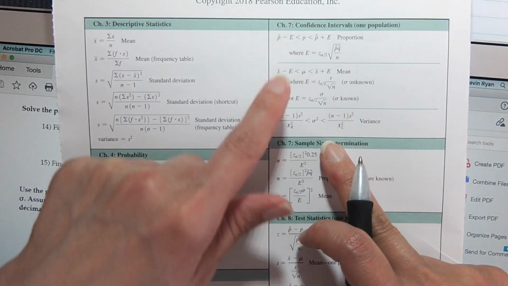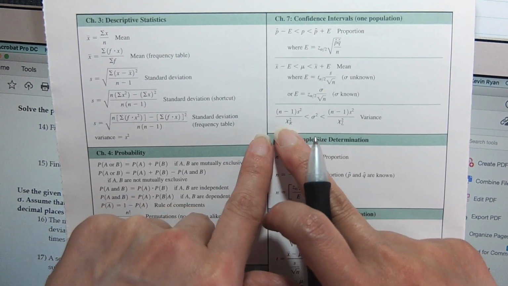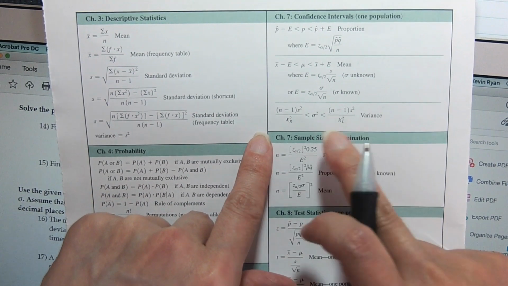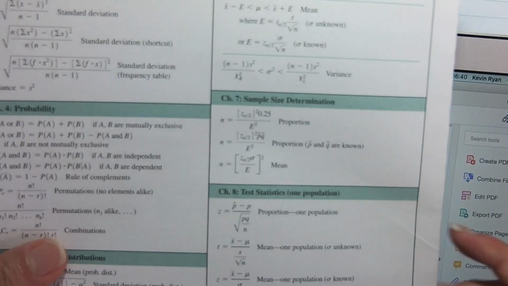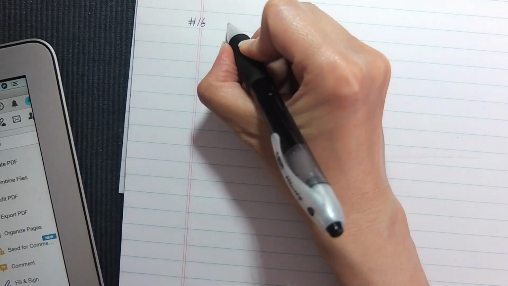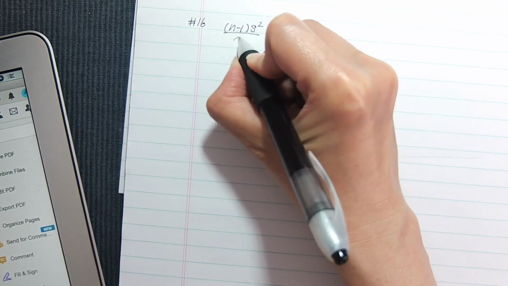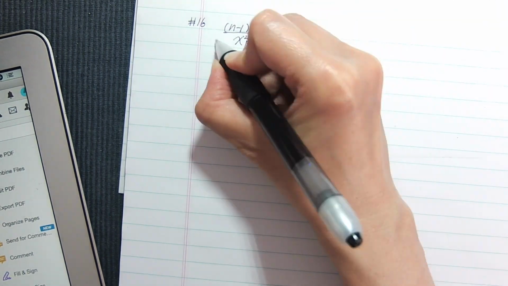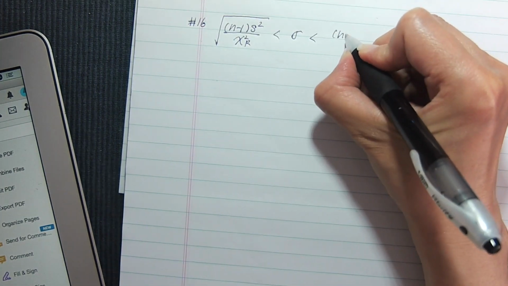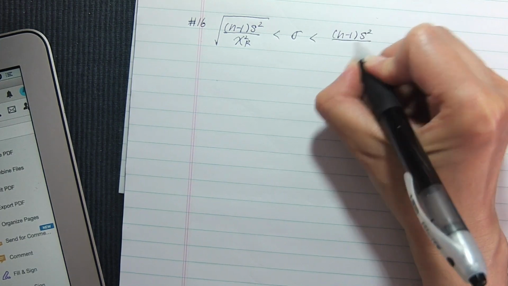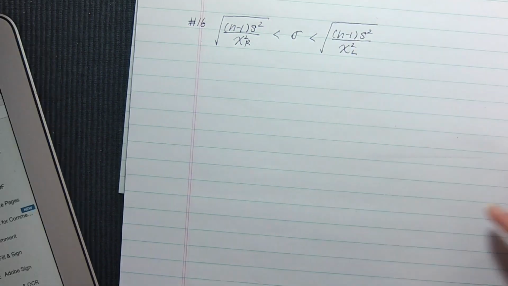It's a confidence interval for the standard deviation. I'm going to copy the chi-square formula for variance; if you put the square root, it becomes the standard deviation. So the formula is n minus 1 times s squared over chi square right, and n minus 1 times s squared over chi square left, all square rooted. That's the formula you need.